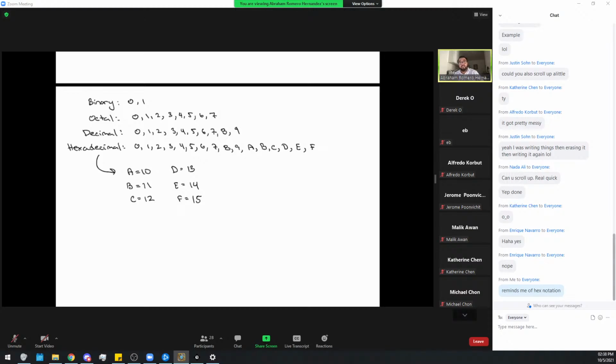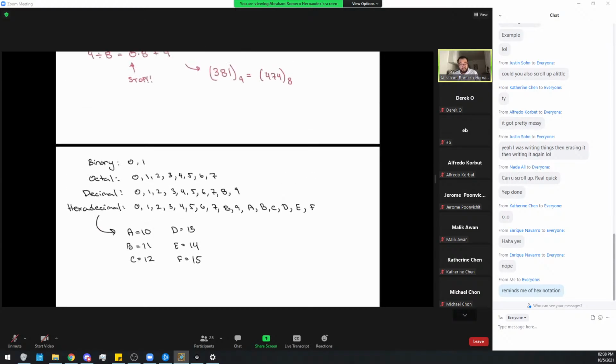But those are the ones that you will see within this section. Those four common bases: hexadecimal, decimal, octal, and binary. These are the ones most common in computer science. And yes, you can change from hexadecimal to whatever other base you want and vice versa.